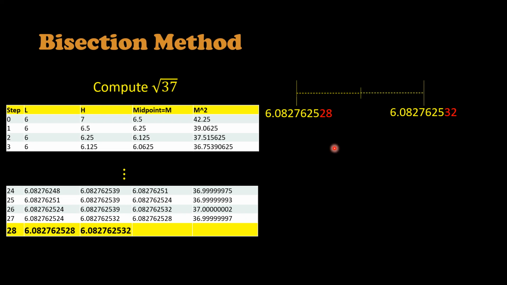So we know that those yellow digits are correct. And then we know that the 8th digit is either 2 or 3. It's off by less than 1. So that's pretty good. So we can confidently say that if we just cut this off at the 5 here, the square root of 37 is approximately equal to this number.